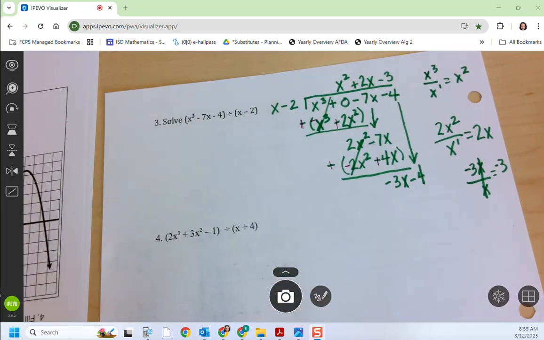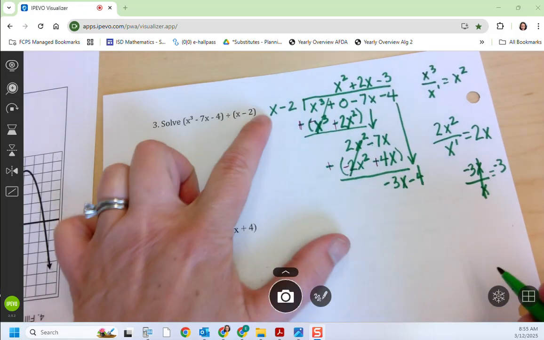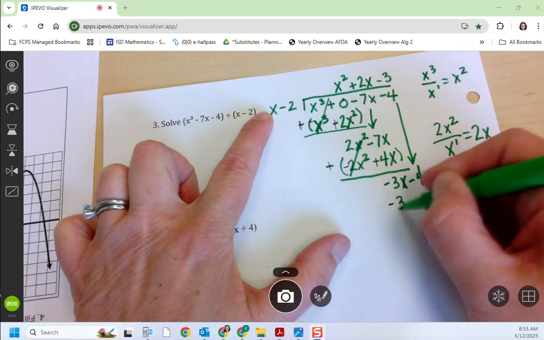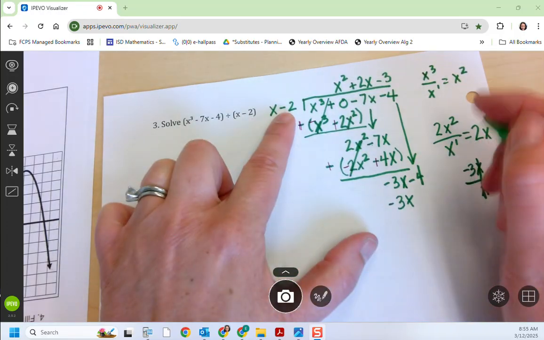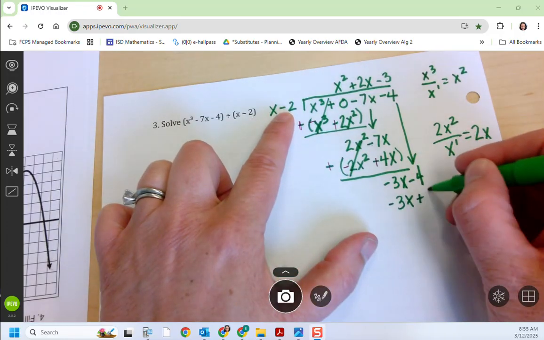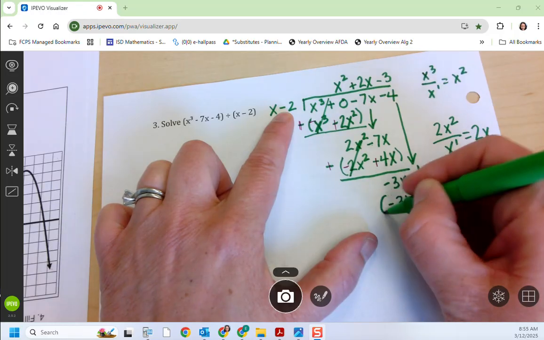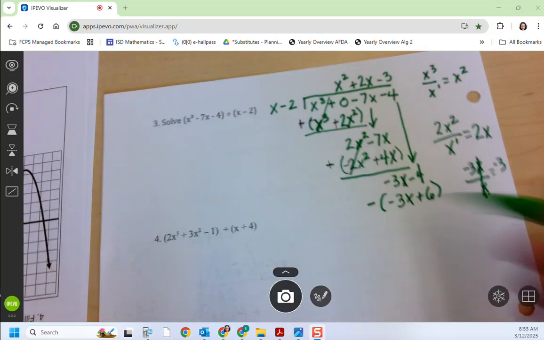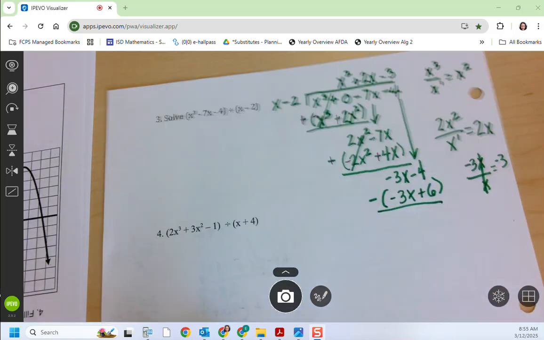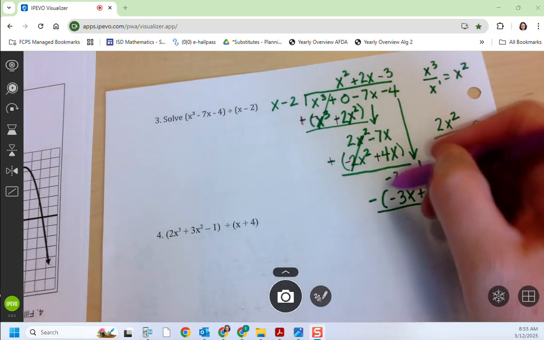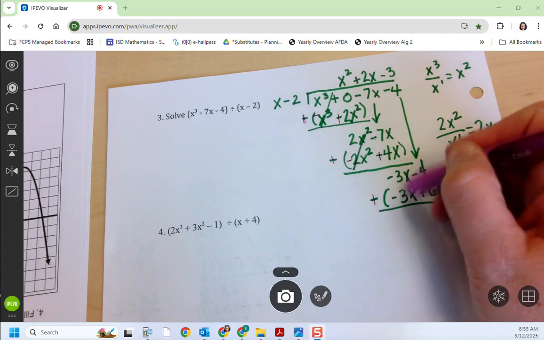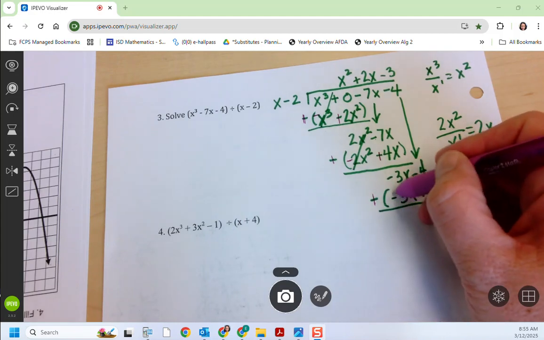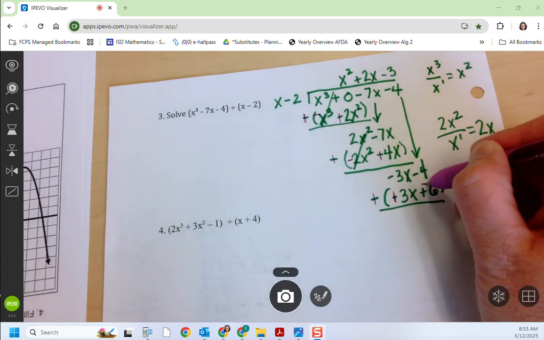All right. So, negative 3 times 1x is negative 3x. Negative 3 times negative 2 is plus 6. All right, then remember to change your minus to distribute it, so it becomes plus here and minus here.